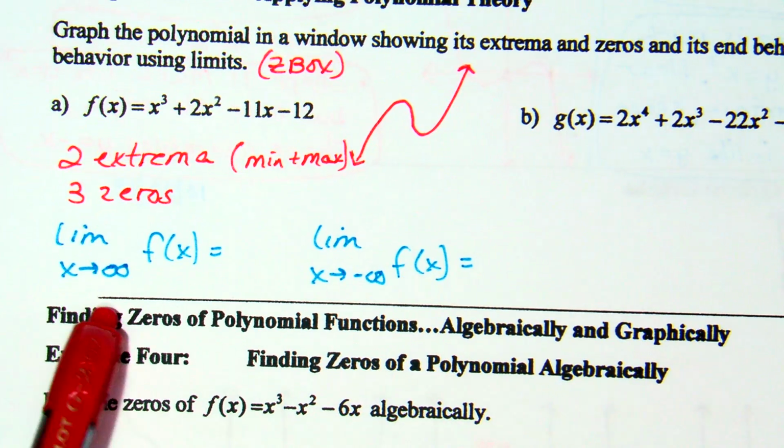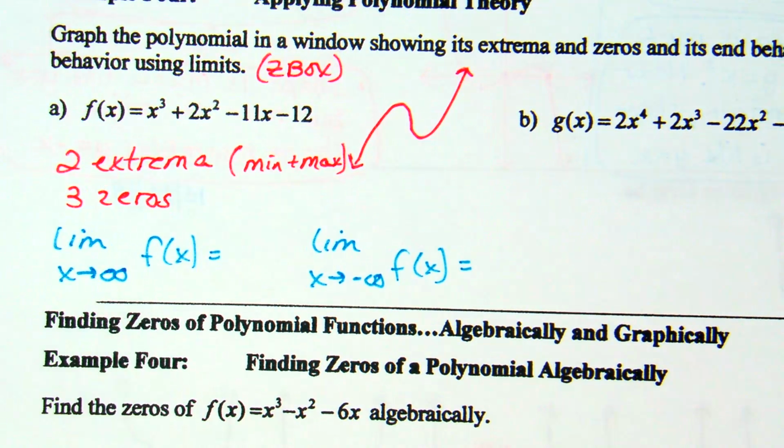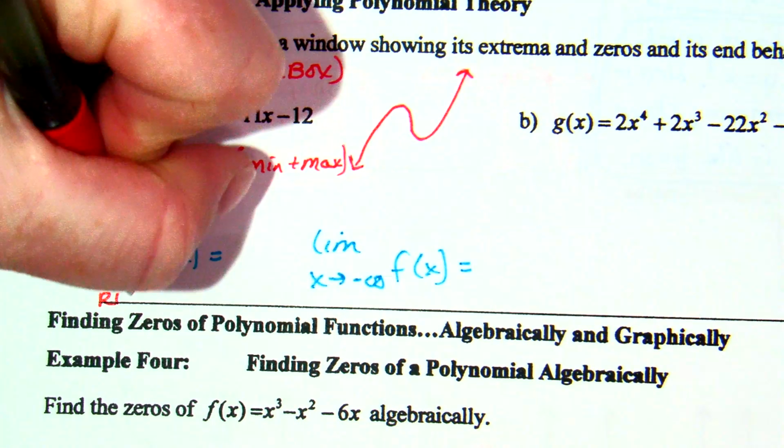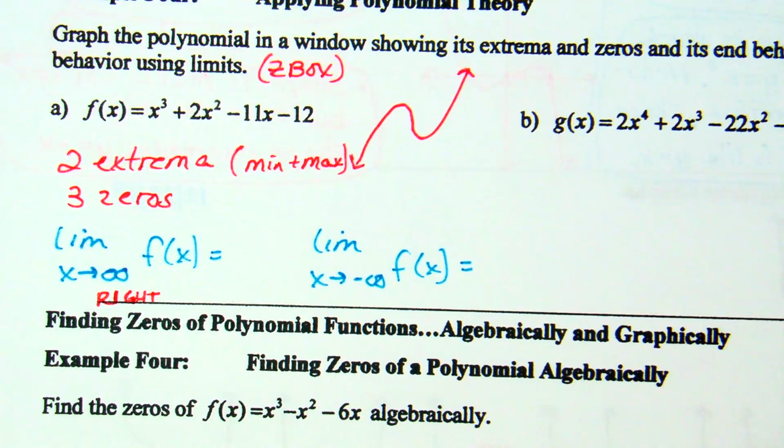So, this says the limit as x approaches infinity. What does that mean? As x approaches infinity. Which direction am I going on the graph then? As we move to the right. So this is asking, as we move to the right, what is my graph doing?